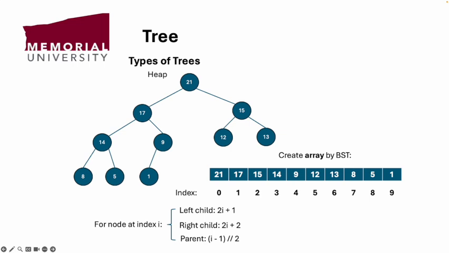I equals 4, you can see that, right? 2 times 4 equals 8, plus 1 equals 9. And then the right child, 2 times 4 is 8, plus 2 equals 10. Out of range means we don't have a right child. Okay?